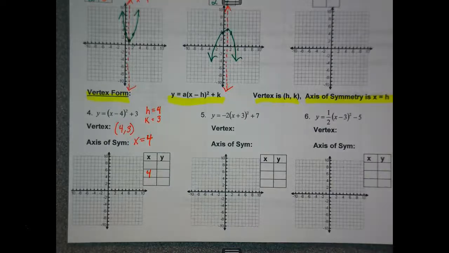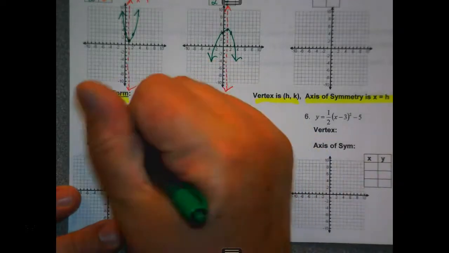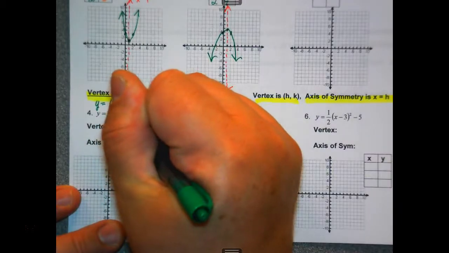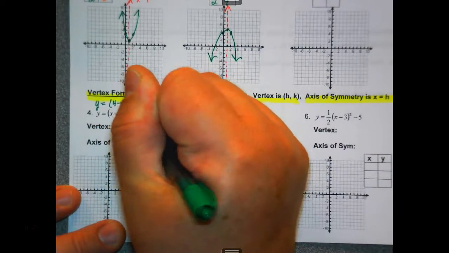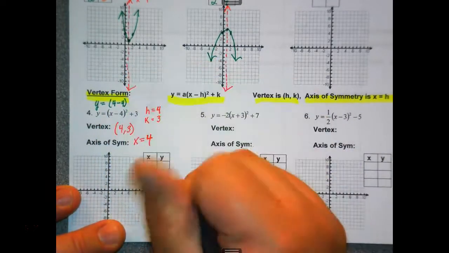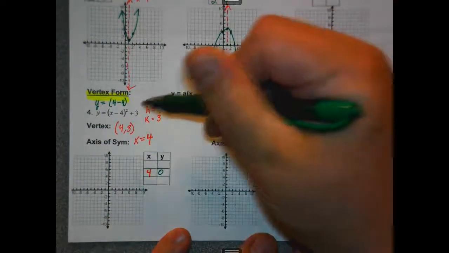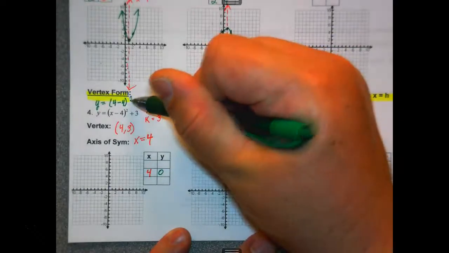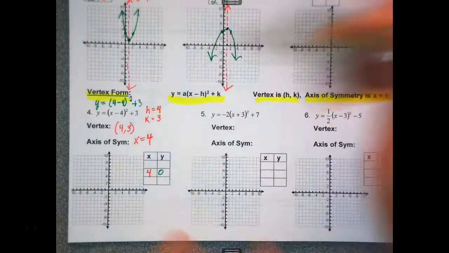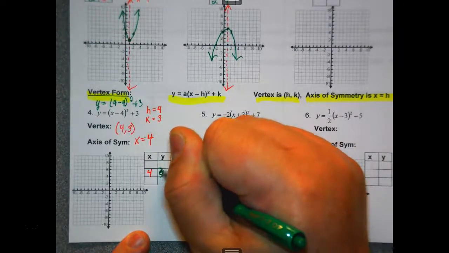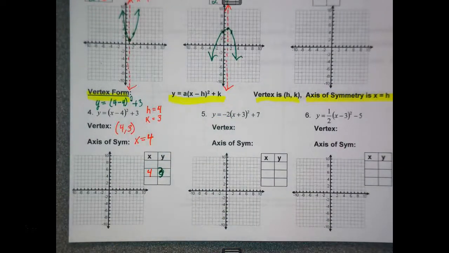I have to figure out what my y coordinate is at the vertex. What am I going to do? Plug the 4 into the x. Oh, it should be 3. So my k is 3.